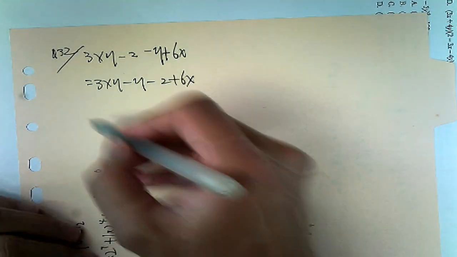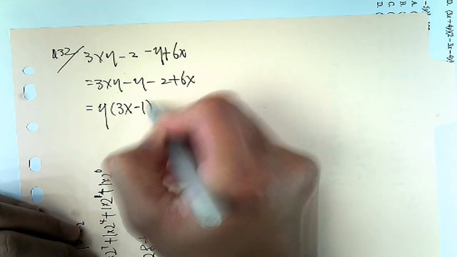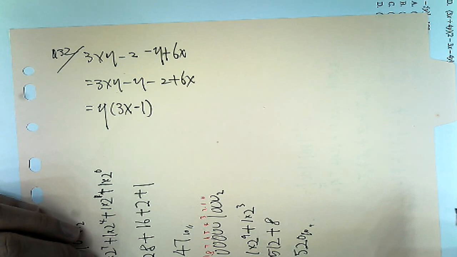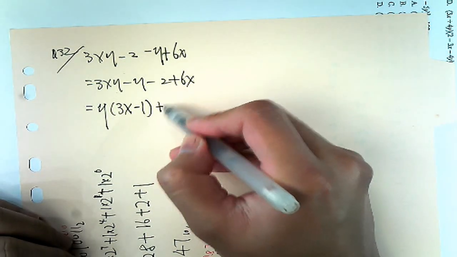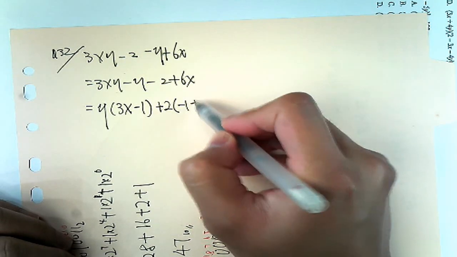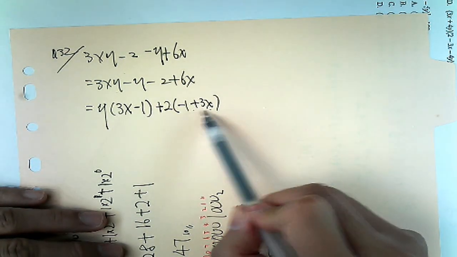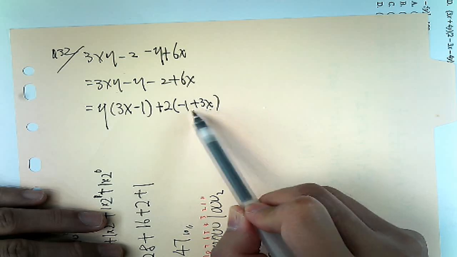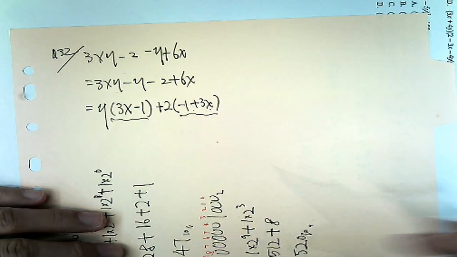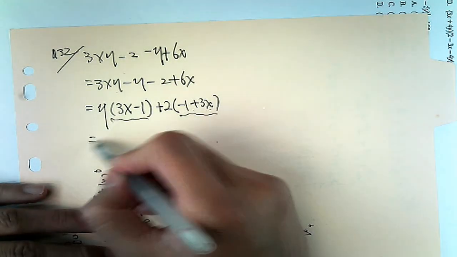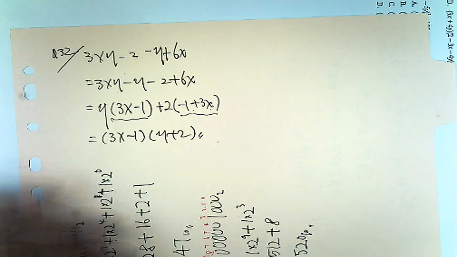Understand? For this one you can pull out y, then you have 3x - 1 as a bracket. Is it okay? For these two you can pull out a positive 2. Okay, you have -1 + 3x. Understand? So actually here you can change this order. It is actually 3x - 1. So these two brackets are actually the same. So we pull out 3x - 1 and then (y + 2) is okay.